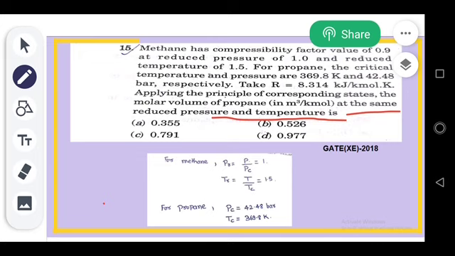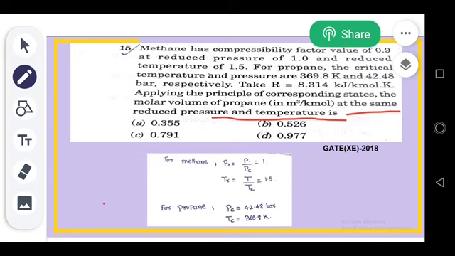But since it is given that the propane and methane have same reduced pressure and temperature, they are going to have same compressibility factor. So we can find their real temperature based on this.